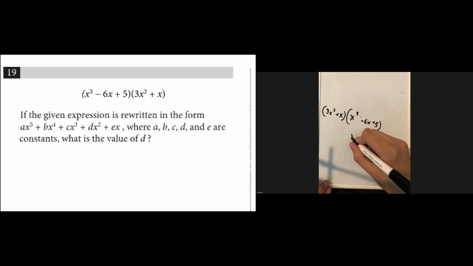So I just like writing it like this, x cubed minus 6x plus 5, 3x squared plus x. Doing this, and then we just multiply everything out.